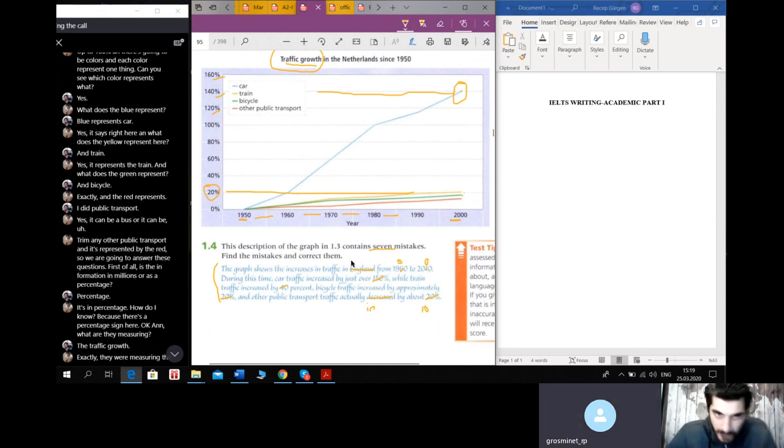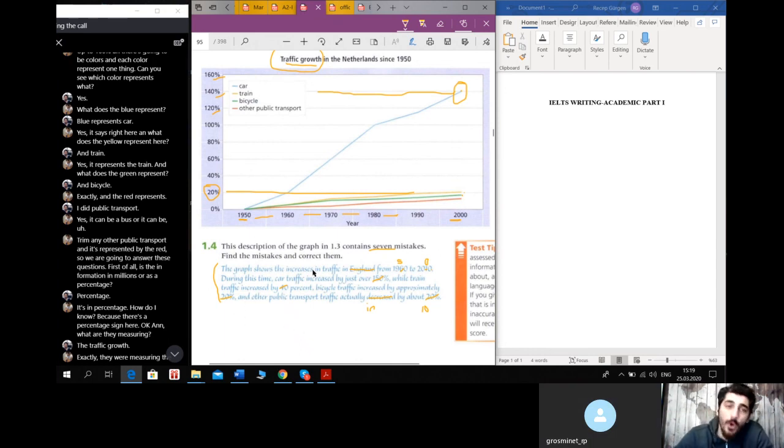So yes, this is a very good example of what you can write. Of course, you have to write more to this. But if the information was correct, it would be a really good example. And then you would have to write a little more to reach 150 words. But this is a good example.